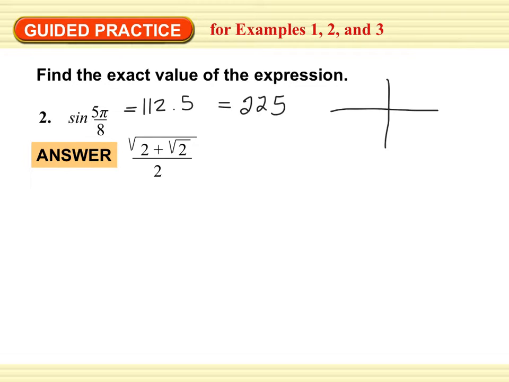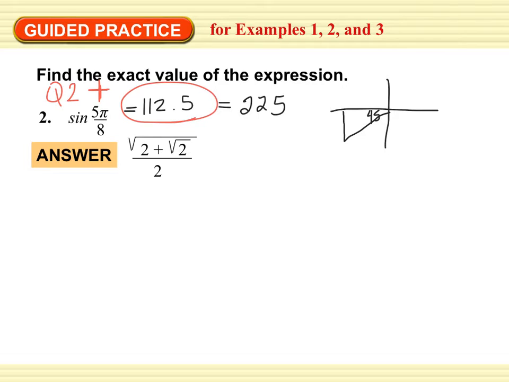So I am down here. But remember, we have to look at this angle. This is in quadrant 2, and in quadrant 2 my sine is positive. So we're good there.